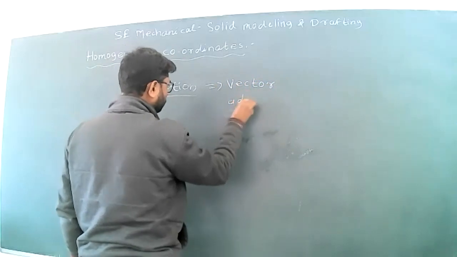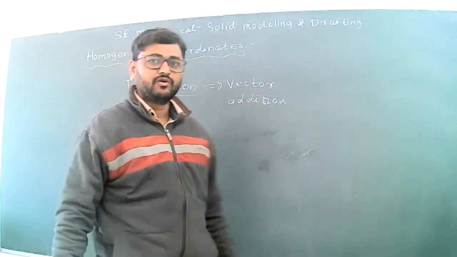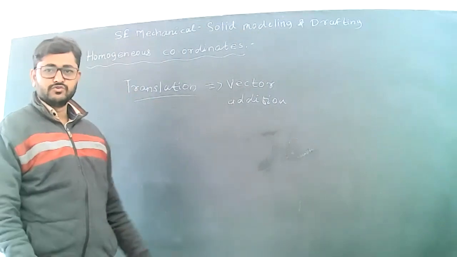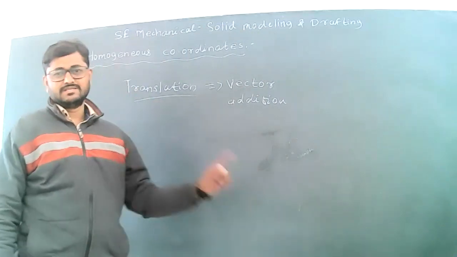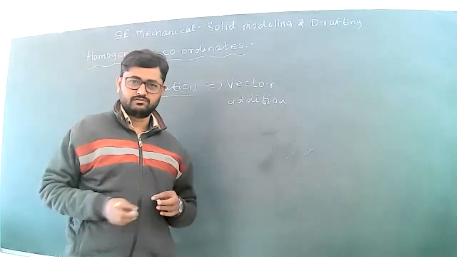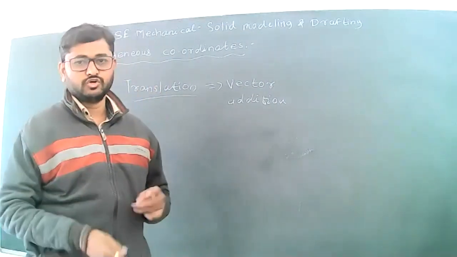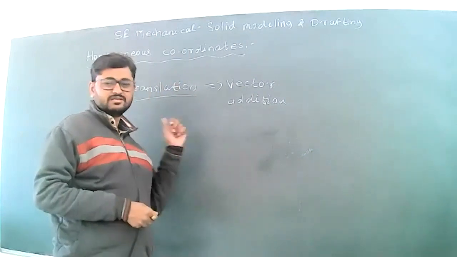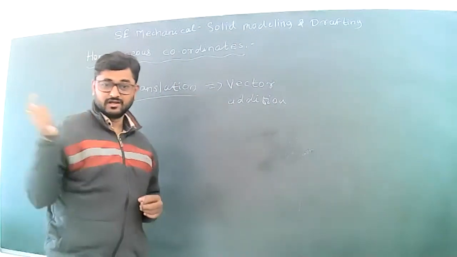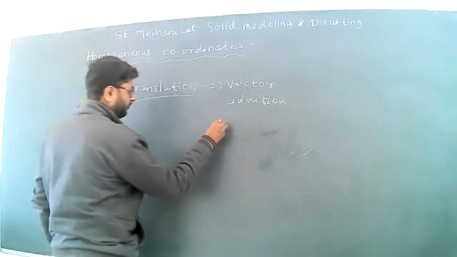While translation is available in the form of vector addition, it is very difficult to multiply the remaining terms. Of all these, only translation is in the form of vector addition, whereas all other transformations are in the form of vector multiplication.